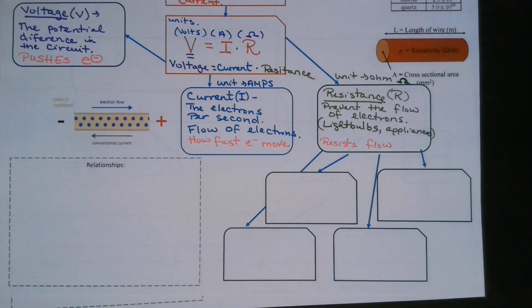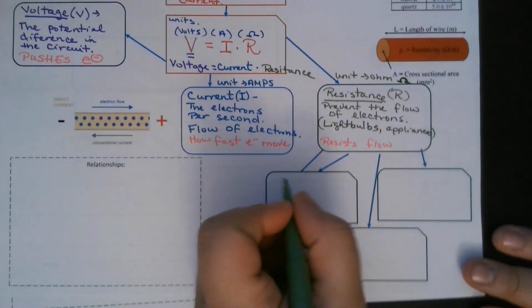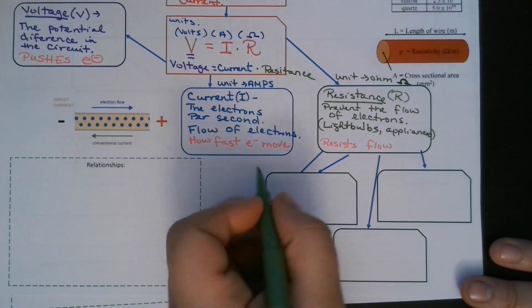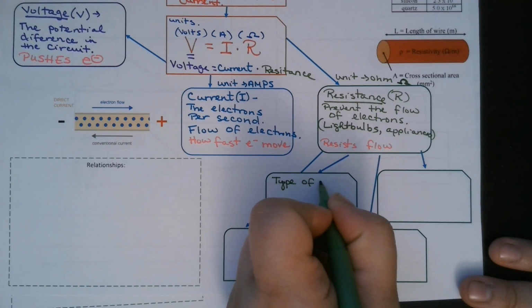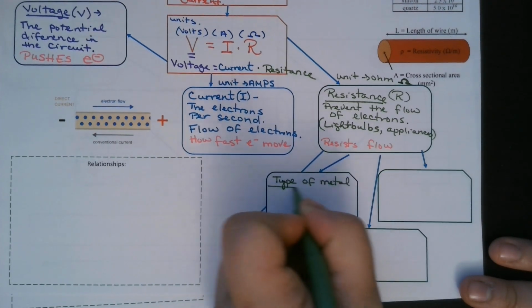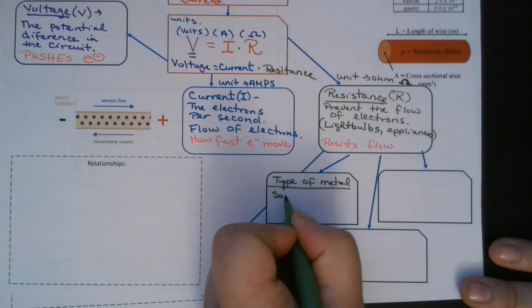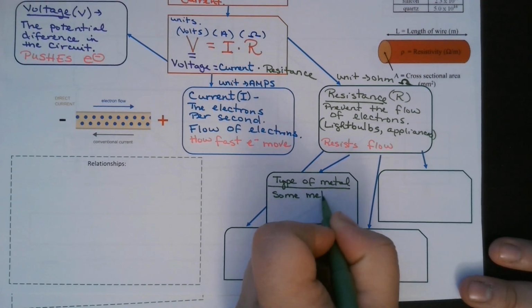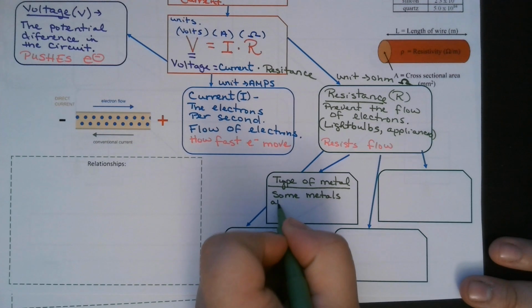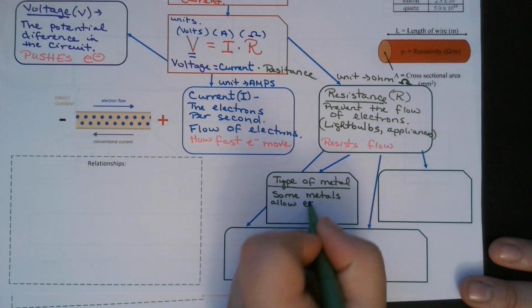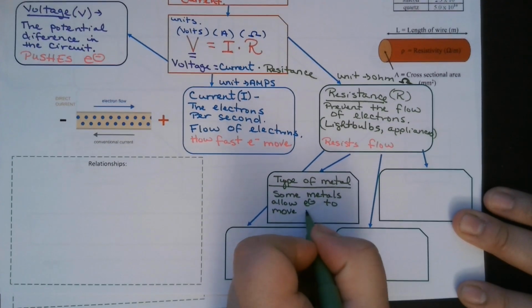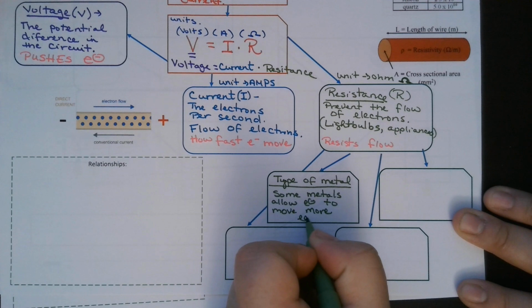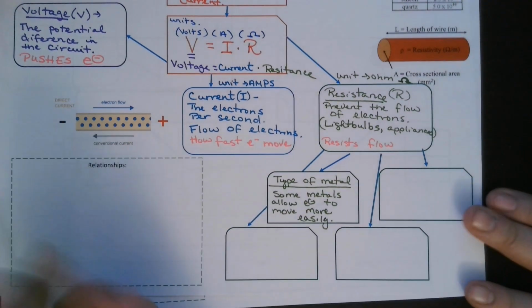Back to the four things that cause resistivity. The type of metal is going to affect resistance. Some metals allow electrons to move more easily. And what do you want?